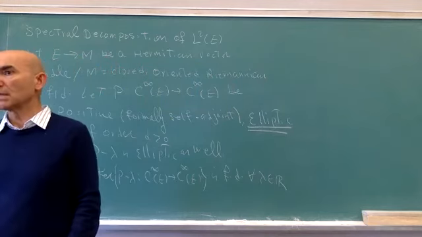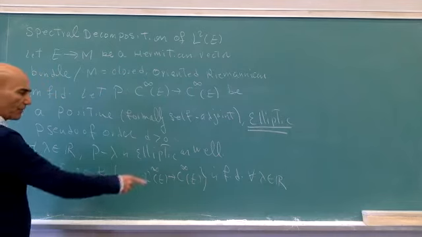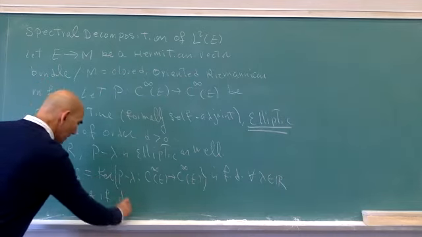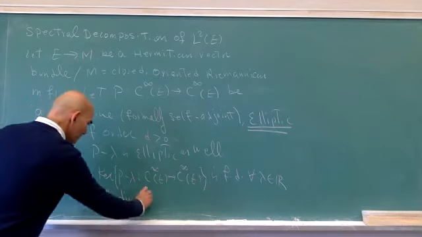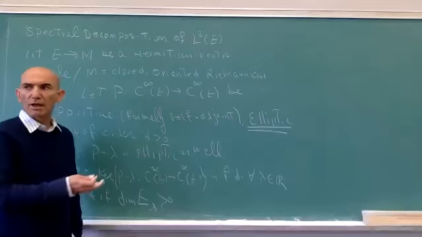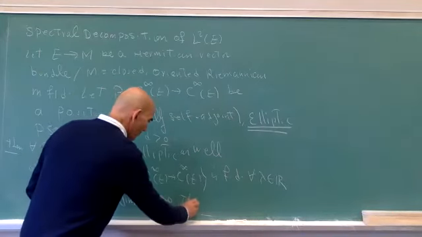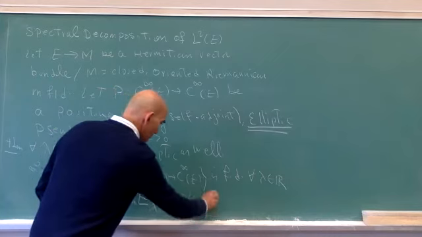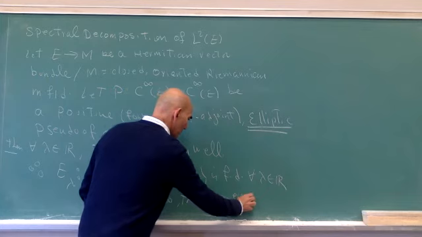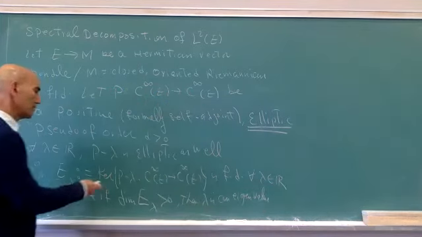First of all, we know that these are finite dimensional, and if the dimension of this E lambda is positive, then this lambda is an eigenvalue of this operator, and that's the eigenspace of this eigenvalue.